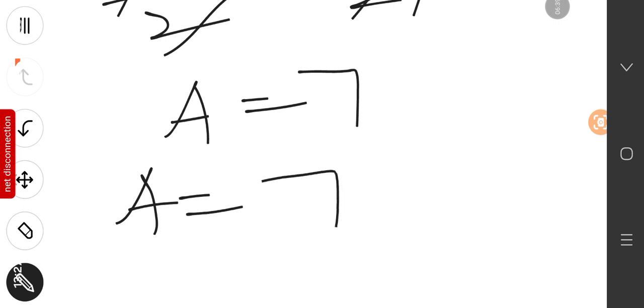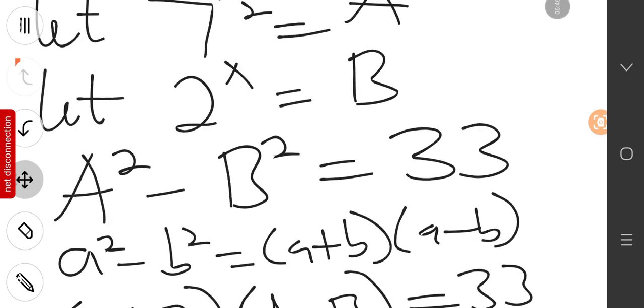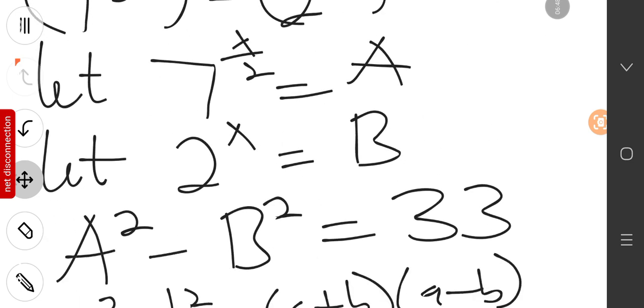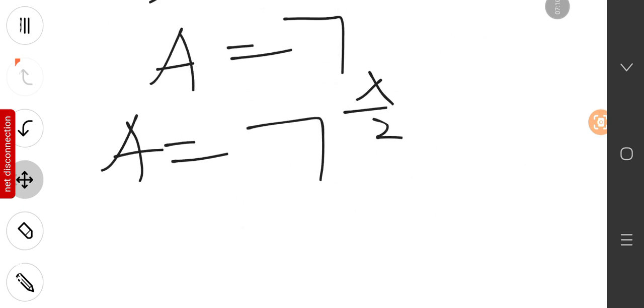Now, a stands for 7 exponent x over 2, and we let 2 exponent x equal b. Whether you use b or a, you can find the value of x, and we are looking for only one value of x. So we say a equals 7 exponent x over 2.